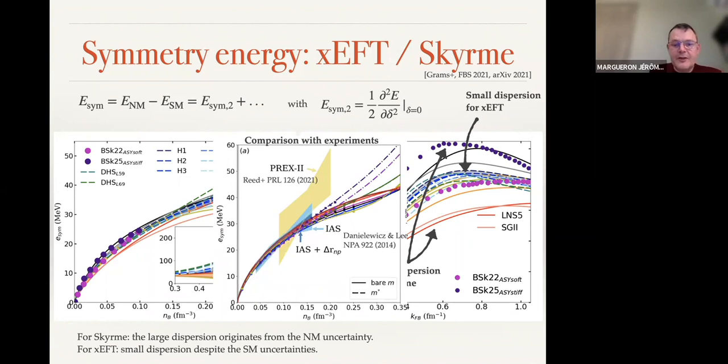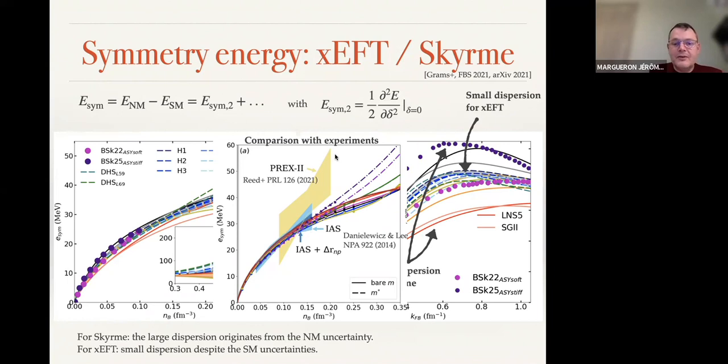It is also interesting to compare that prediction with some experiments. There are here the constraints by Danielewicz and Lee on the isobaric analog state in blue, and in dark blue putting in addition the skin constraints.